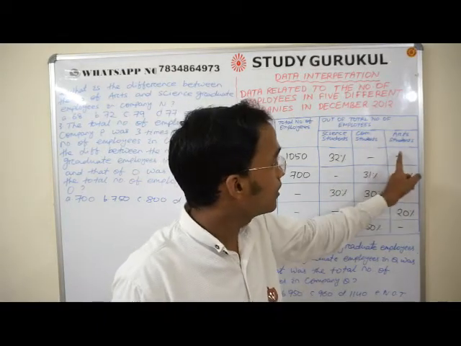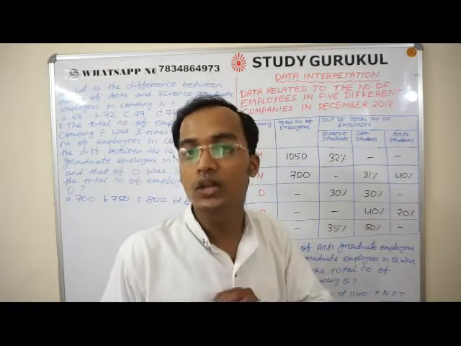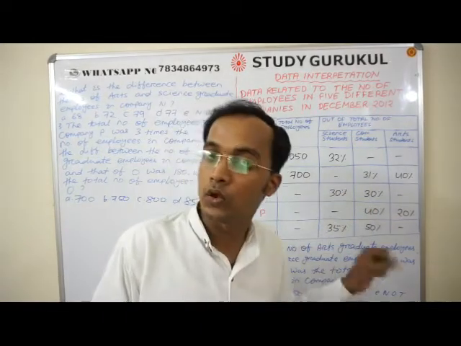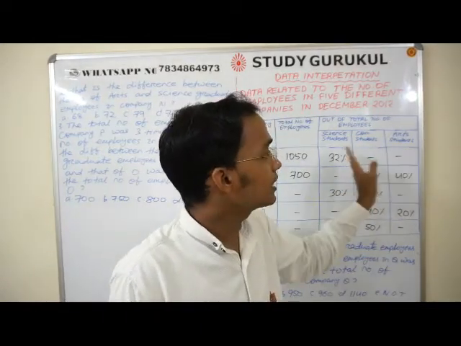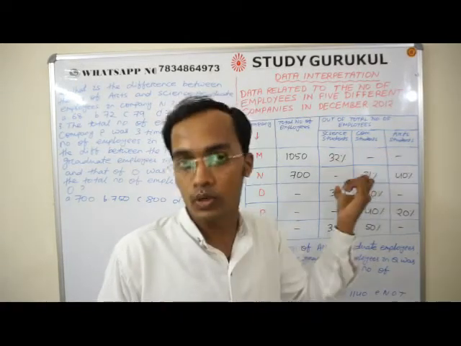But we can't tell the actual percentage of arts students and the actual percentage of commerce students. If any data is given in the question, then we can work out the percentage of arts students and commerce students.